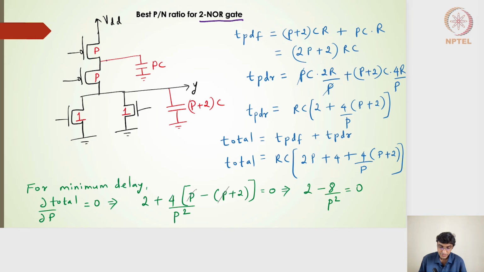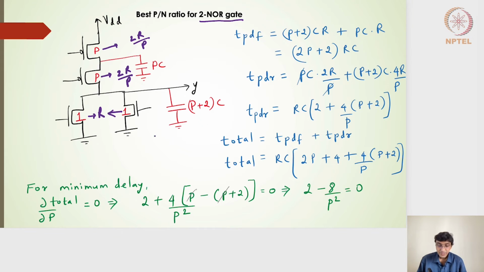The output node capacitance will be P plus 1 plus 1, so P plus 2 into C. The switching resistance for this transistor will be 2R by P, and for this other transistor again 2R by P. The switching resistance of this transistor is nothing but R, for either one of them.